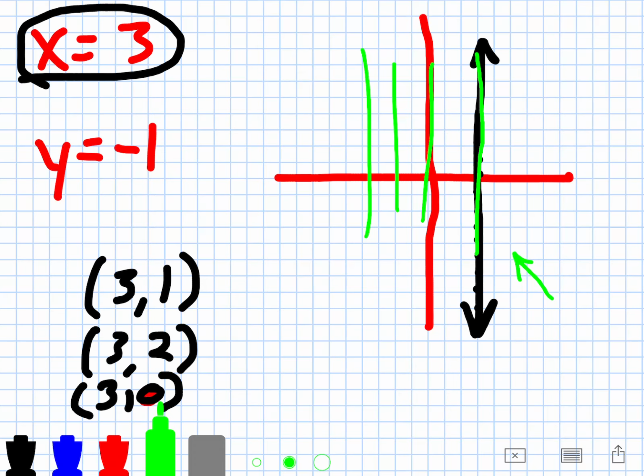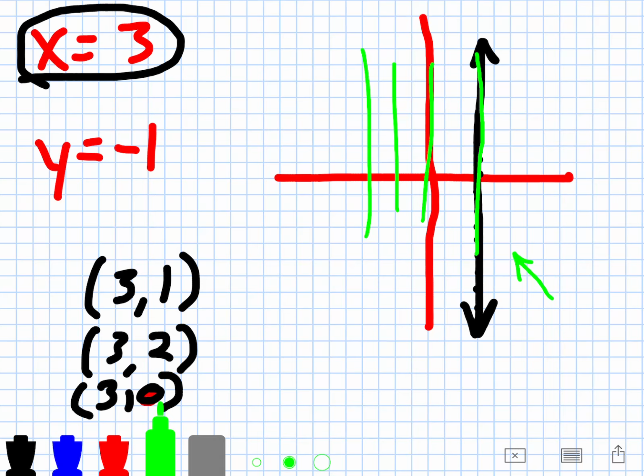Well, it touches the line an infinite number of times right there. So is x equals 3 a function? No. Can we graph it? Oh yeah, sure. So this still follows our rule that functions are y equals stuff, that all functions have a y equals mx plus b slope-intercept format.